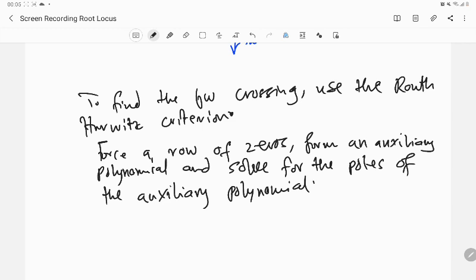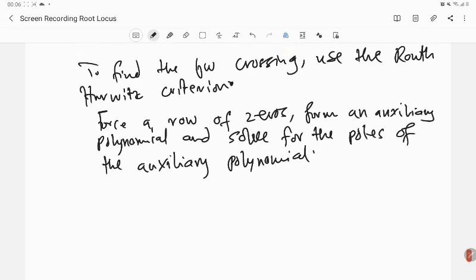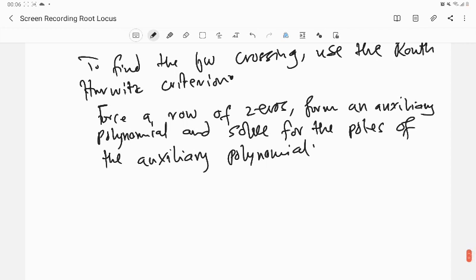So what we are going to do is use the Routh-Hurwitz criteria to generate the Routh table, and in the first column, K is going to appear in 1 or 2 or 3 rows, and then we'll use that K value to force 0 on the rows.